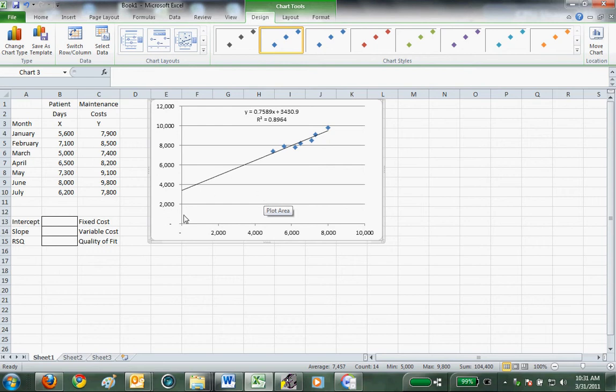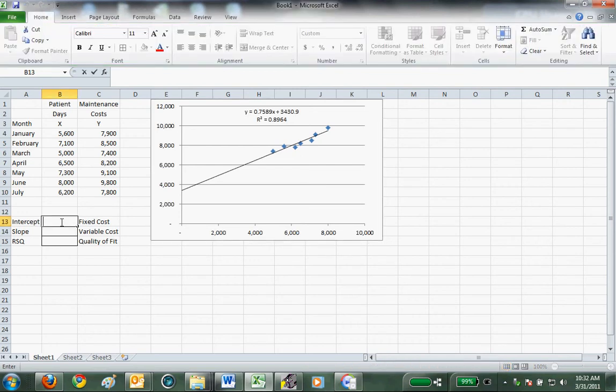And the other way we can do it is just to use a very simple function within Excel, which is the intercept, slope, and RSQ functions. So type in an equal sign. Equal sign always has to be before every function or formula. And start typing intercept. Double click on that to accept it.